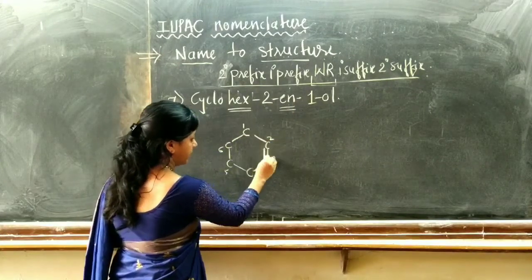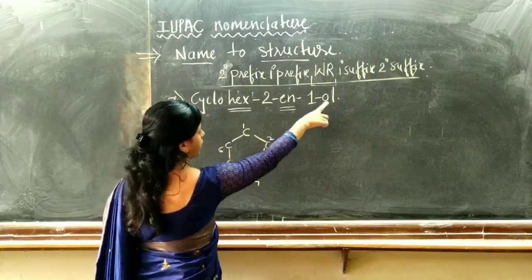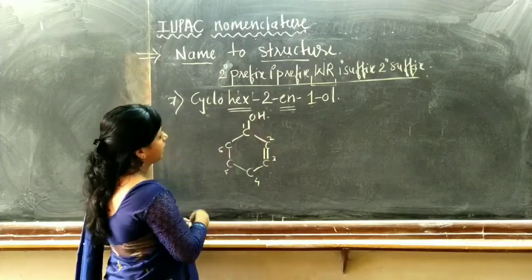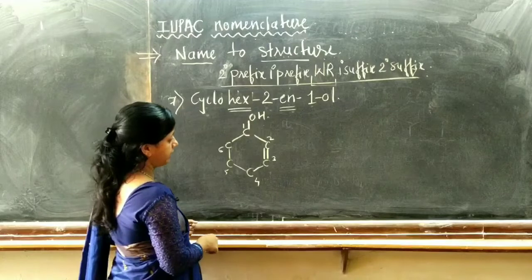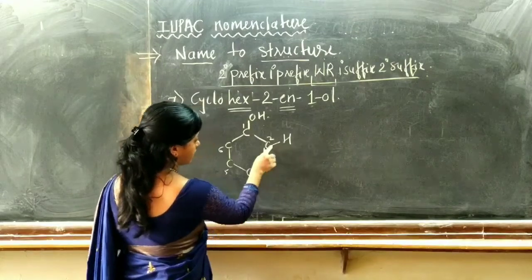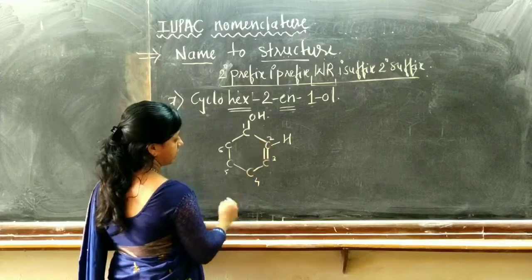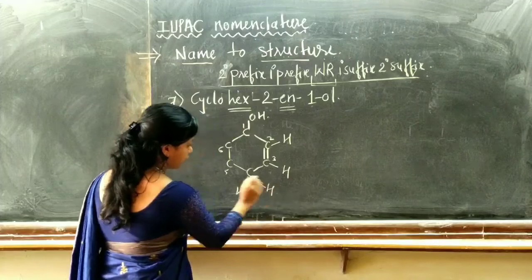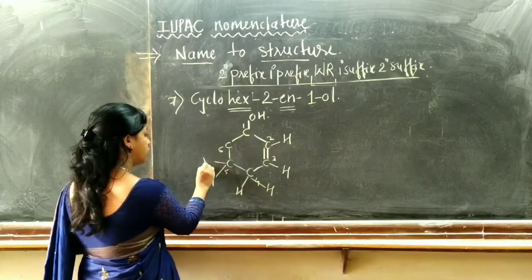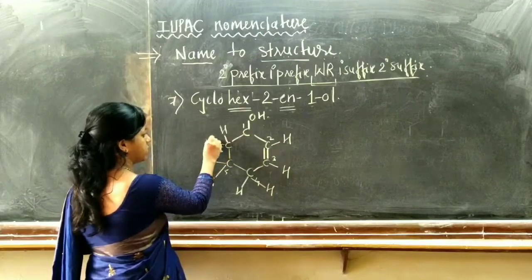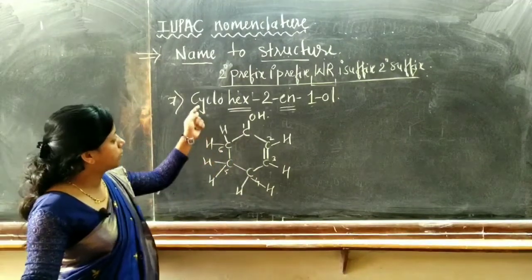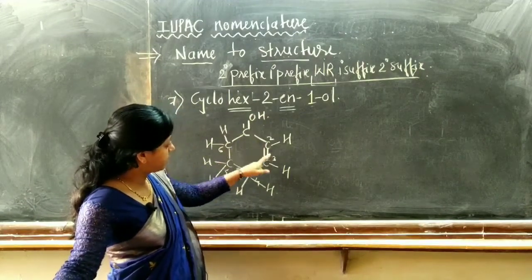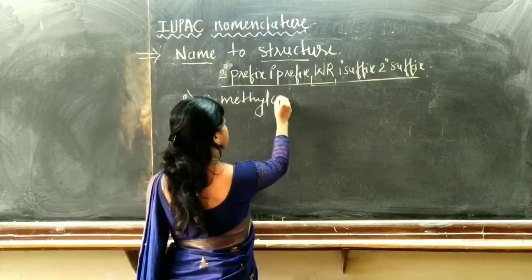So we write the double bond here, and 1-ol means it has an OH group, and now remaining we have to attach hydrogen atoms. It requires 1 hydrogen atom to satisfy its tetravalency. It needs 1 hydrogen. This requires 2 hydrogens. This requires 2 hydrogens. This requires 2 hydrogens. So this is the structure of cyclohex-2-enol.